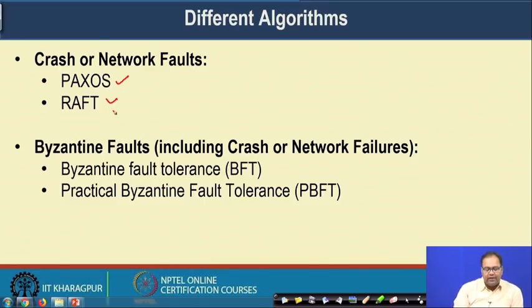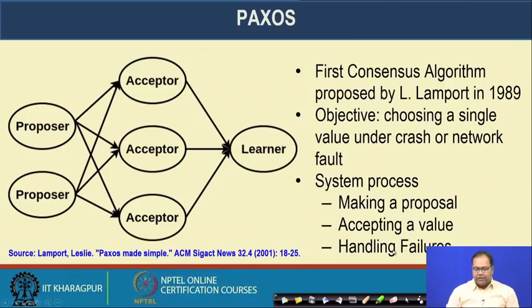To support Byzantine fault, we have algorithms like the Byzantine fault tolerant algorithm or practical Byzantine fault tolerant, or PBFT, algorithms. These Byzantine fault tolerance algorithms support Byzantine faults in addition to crash or network faults. Initially we will look into Paxos and Raft in detail and then we will go to the Byzantine fault tolerant algorithm. So, let us go to Paxos.